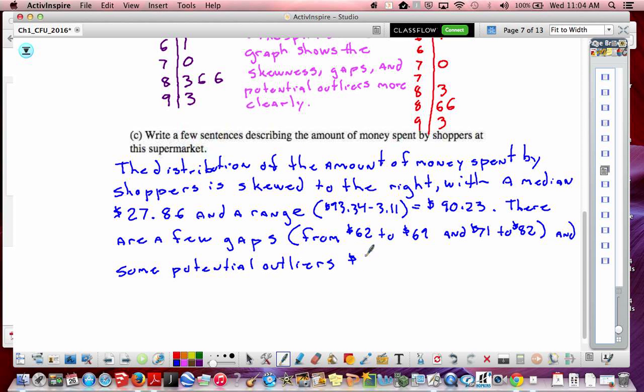I would say the last two, 86 and 93, could be potential. All right, that ends page number 2.